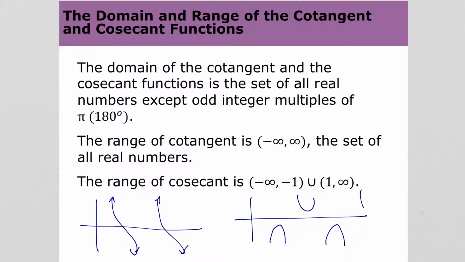Of course, I'm not drawing these exactly, but you'll get the idea. Its range is also from negative infinity to -1, and then 1 to infinity. The domain of both of these is all real numbers except for multiples of pi.